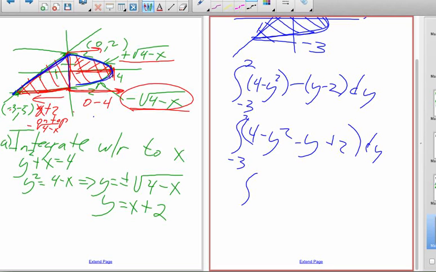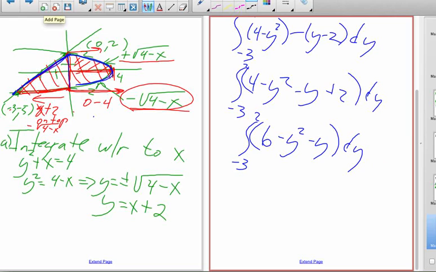So I want to have the integral from -3 to 2 of 6 minus y squared minus y dy. And you notice this is really nice because all we got is a power rule. I'm going to let you do all of this. But when you do all this, you end up with 125 over 6.